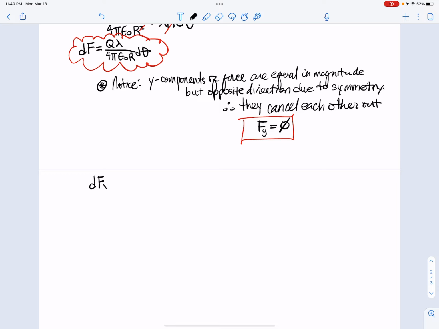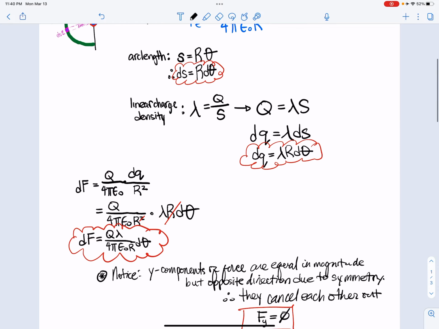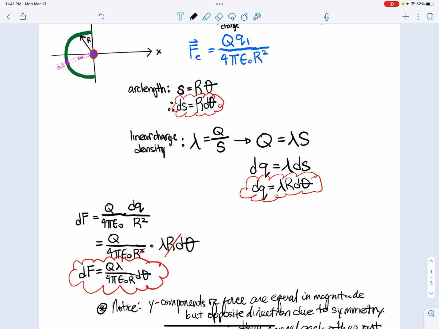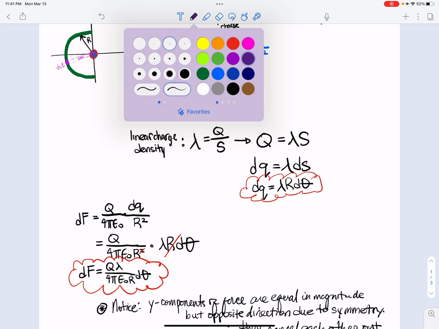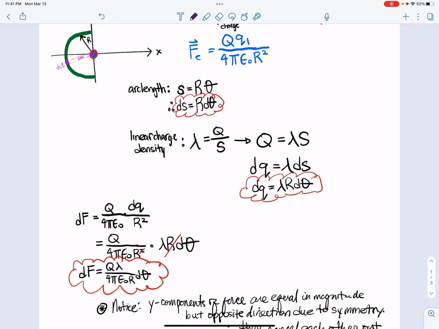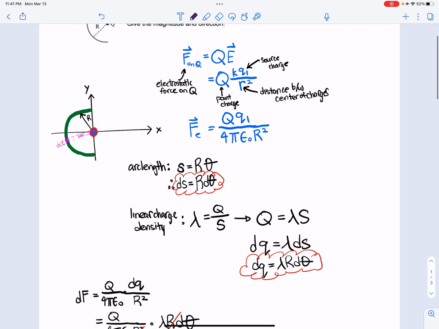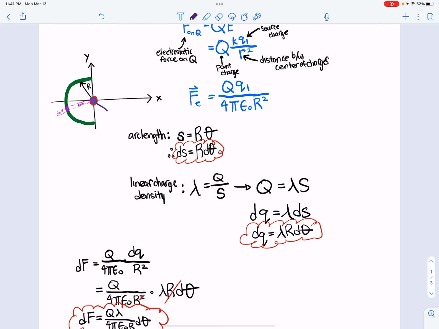So dFx is going to be equal to, let's pretend that the charge on the semicircular rod is positive, so it would push it out here, right?